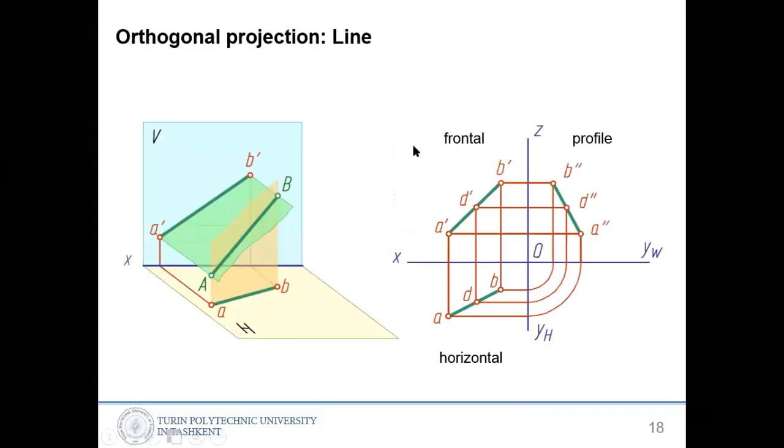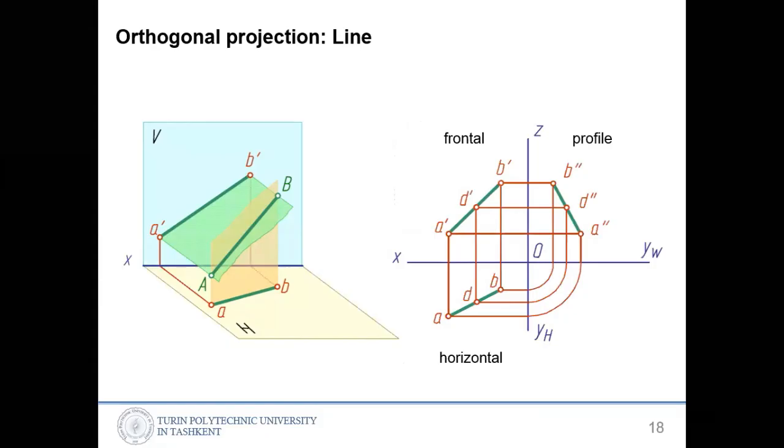If we are able to project a point, we can generate a line also. The line consists of 2 points, at two ends, right? So if you generate the projections of the 2 points on the planes, you can generate the line projections also.